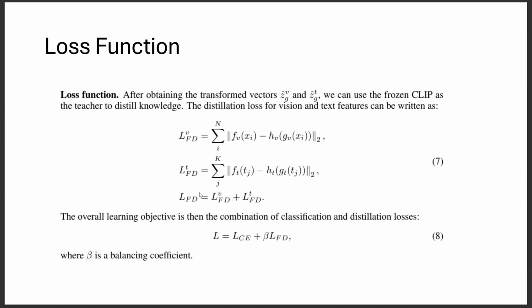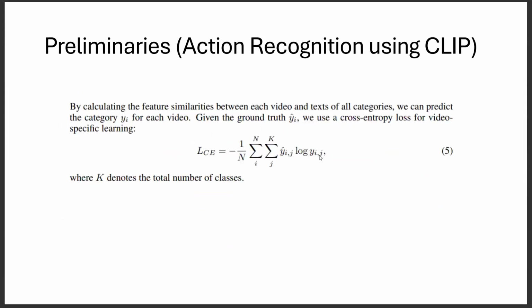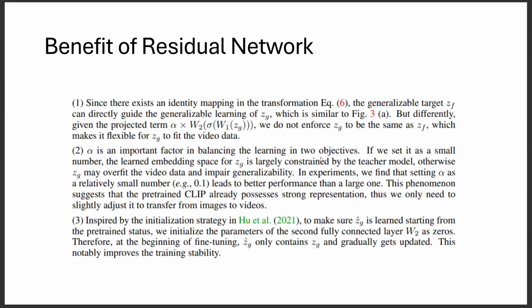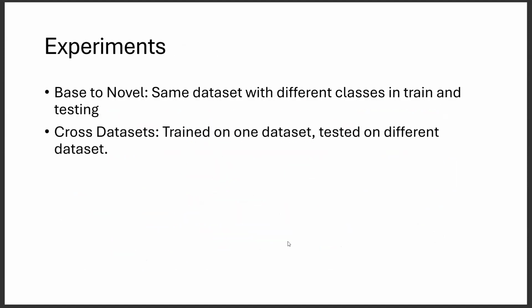They add both together, and for the final loss function, they use the contrastive loss from previously, this contrastive loss here, and also this distillation loss. And this is a coefficient. We can tune it as we need for our particular task.